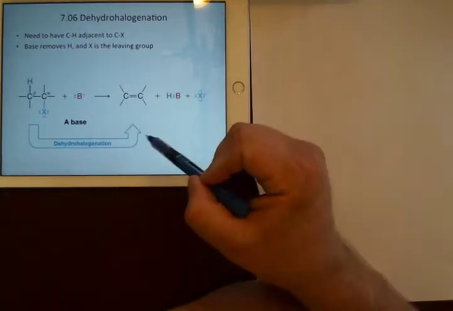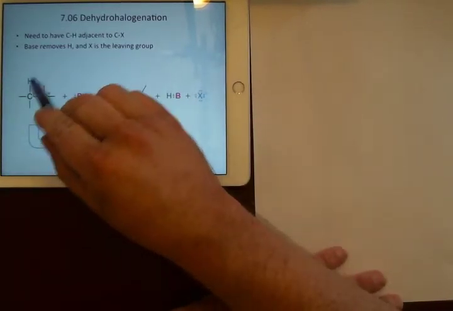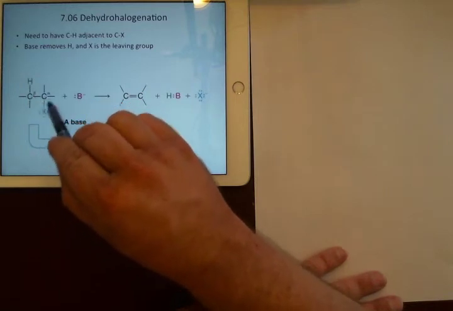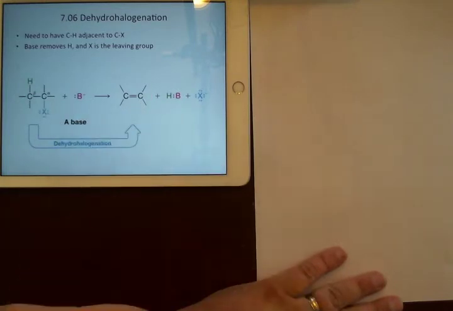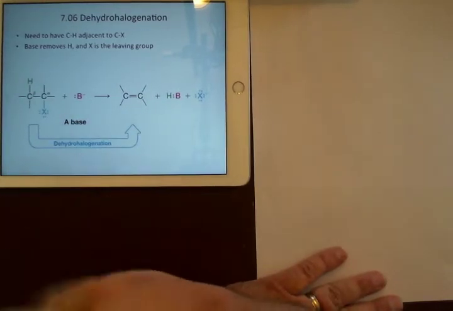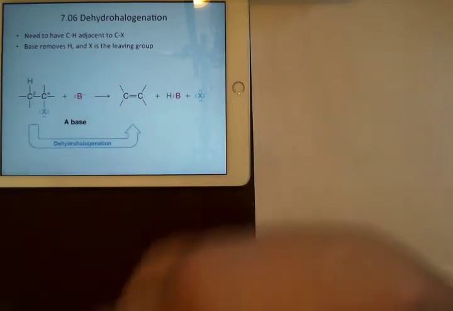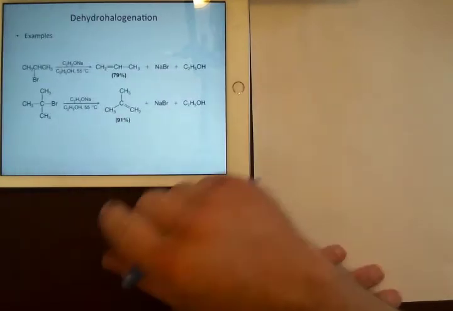A base comes in, grabs that hydrogen, those electrons collapse, and this carbon can't have a 5th bond, so it pushes away. Just like an SN2, as this new bond is getting formed, we have to break one, and the one you break is the halide, or the leaving group, I should say.